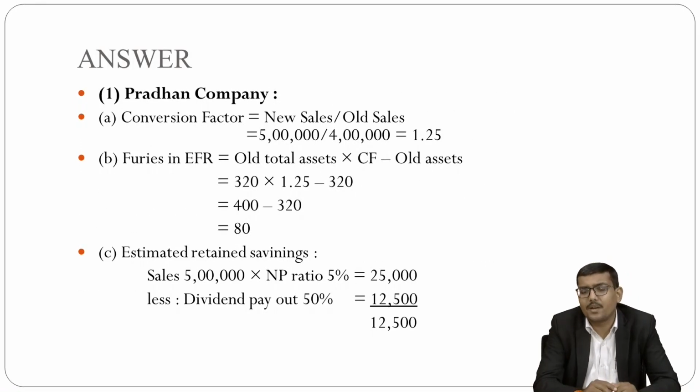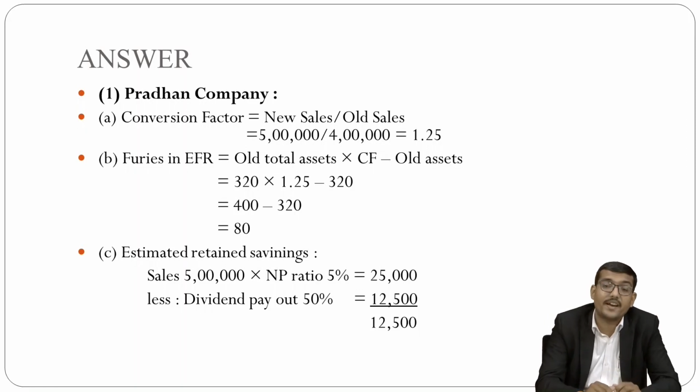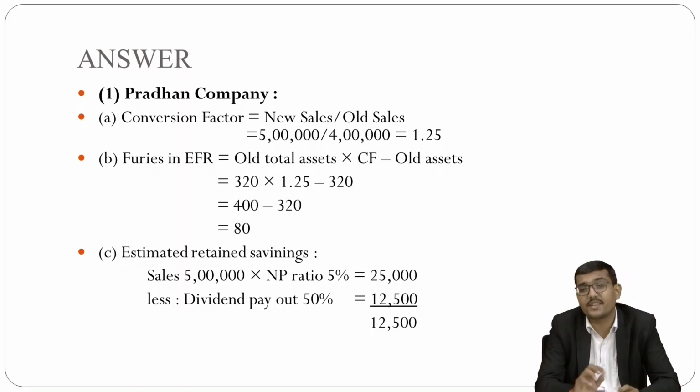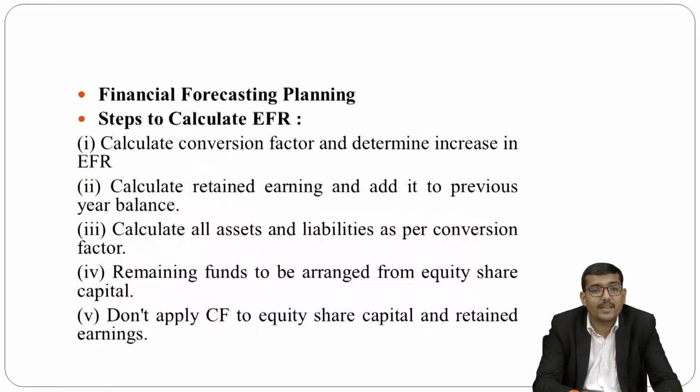Now let's start the answer with the first step, that is the conversion factor. The conversion factor is determined by the new sales divided by the old sales. Our new sales are 5 lakh and old sales are rupees 4 lakh. So your conversion factor will be 1.25. Now step number 2: calculate the retained earnings and add to the previous year's balance.